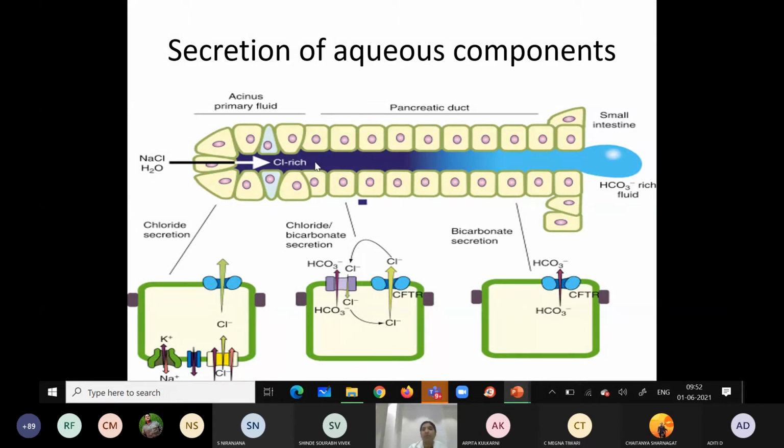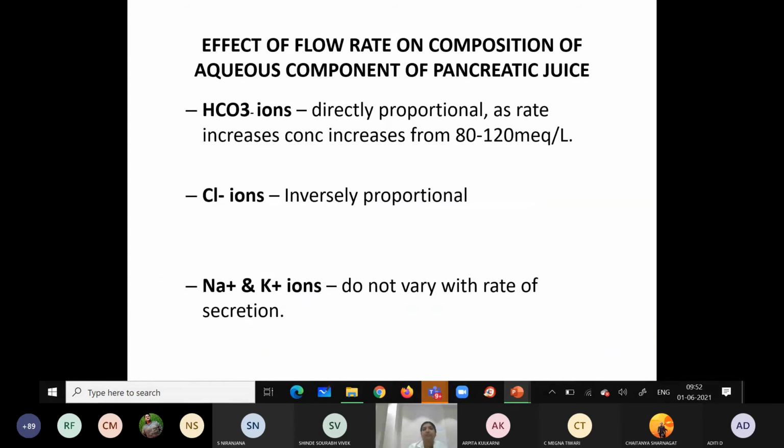As it moves into the pancreatic duct, there will be addition of chloride and water, so it becomes diluted here, okay. Then bicarbonate ions are directly proportional to the rate of secretion of pancreatic juice. Meaning at the resting state of pancreatic juice secretion, bicarbonate is only 80 to 120 milliequivalents.